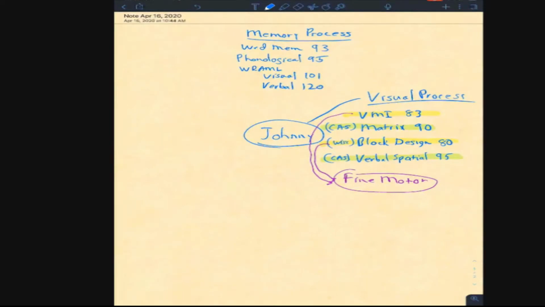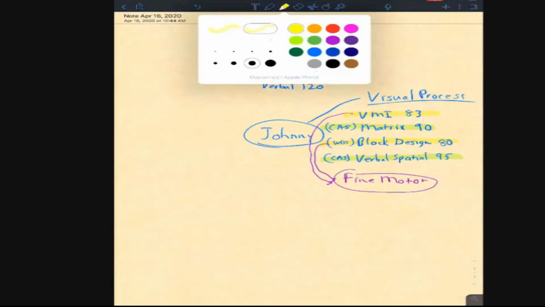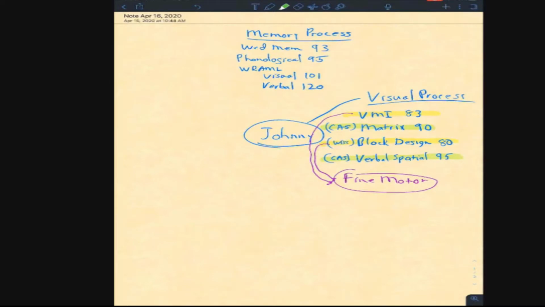Okay, what's significant here, without a doubt, is that 120. His verbal skills are obviously way better. That's his strength. That's just his strength.